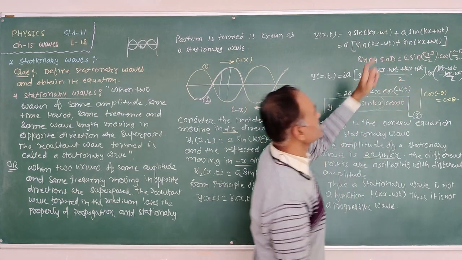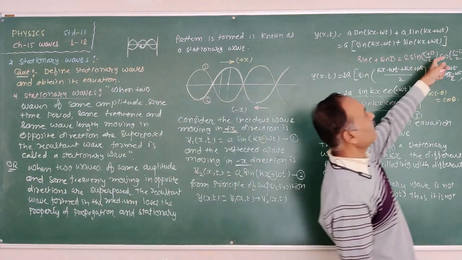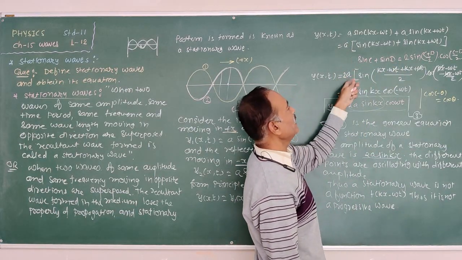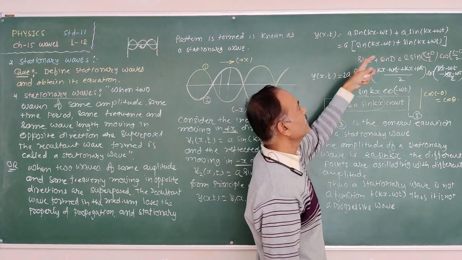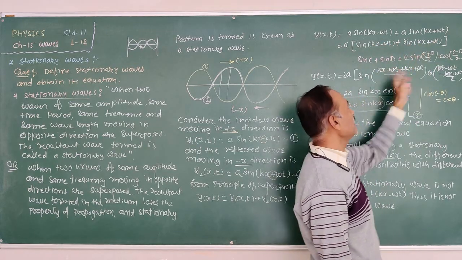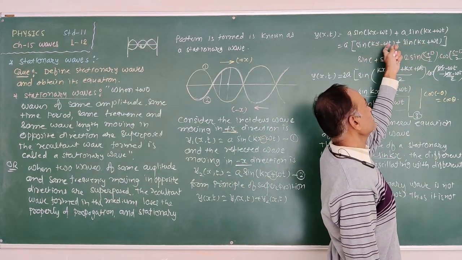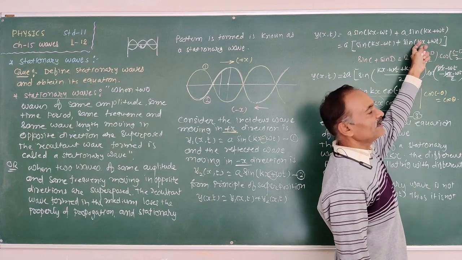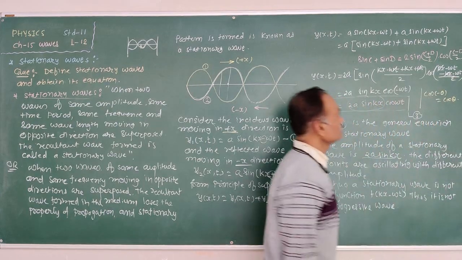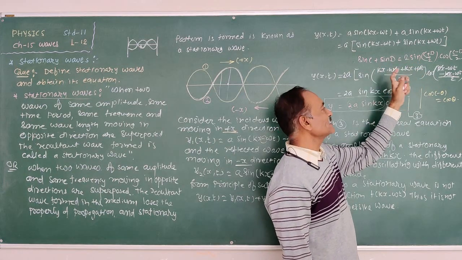This expression is similar to sin C plus sin D, which is 2 sin((C+D)/2) into cos((C-D)/2). So this 2 is taken here. Therefore, 2a outside of the bracket, sin of ((kx - omega t) + (kx + omega t))/2. Now cos of ((kx - omega t) - (kx + omega t))/2. In the first bracket, omega t cancels, and 2kx by 2 leaves only kx.